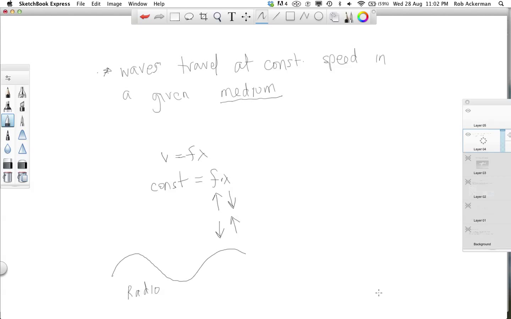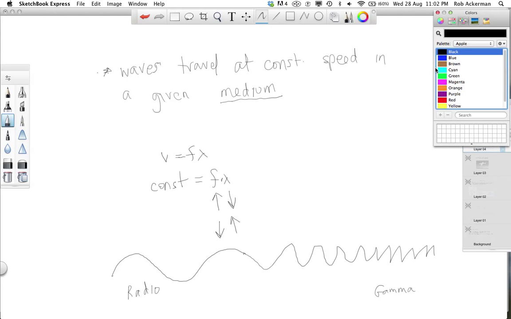But as you made your way toward the X-rays and the gamma rays, the waves that they drew in this diagram started to bunch up much closer. Now I know this is a terrible drawing here, I apologize. But the point is that some electromagnetic waves had a very long wavelength and some of them had a very short wavelength.